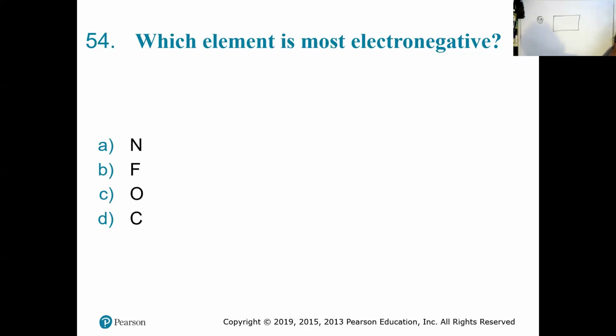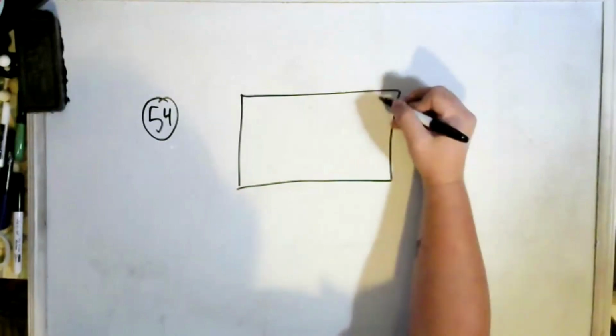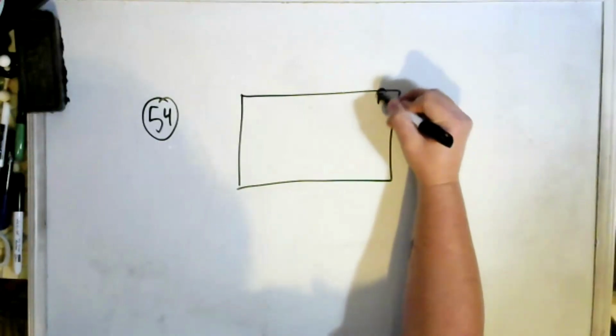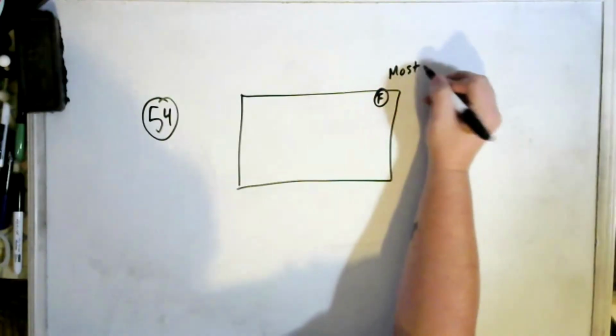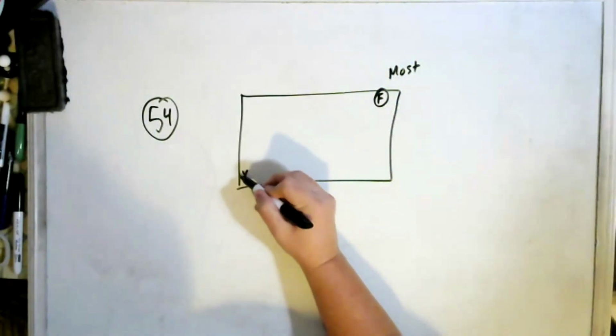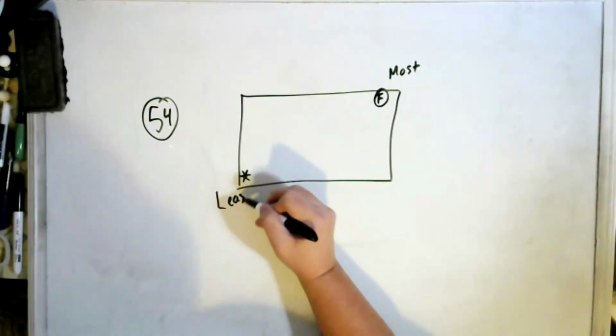When you're thinking about electronegativity, what you have to remember is the most electronegative atom that you're going to deal with is going to be fluorine. Okay, so remember fluorine, this is your most electronegative. And down here, this is your least electronegative.